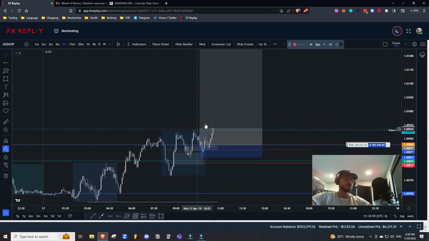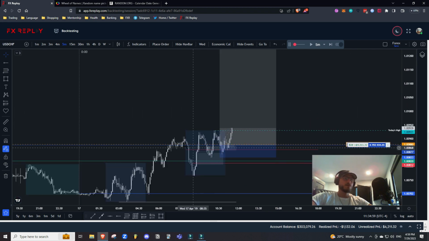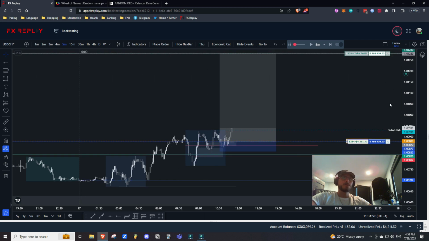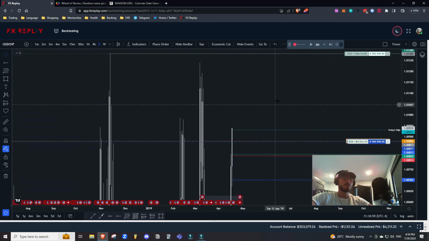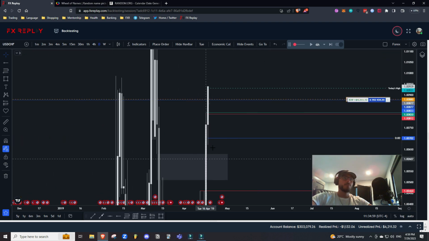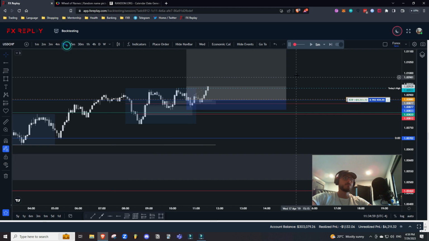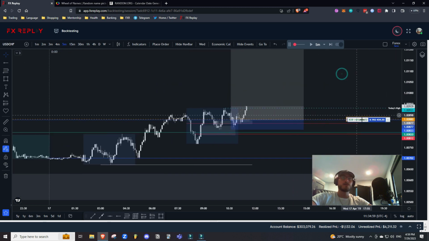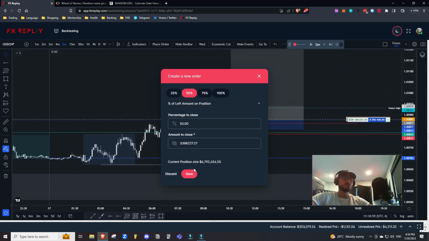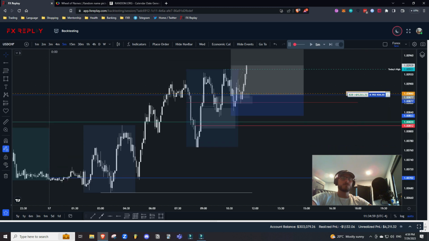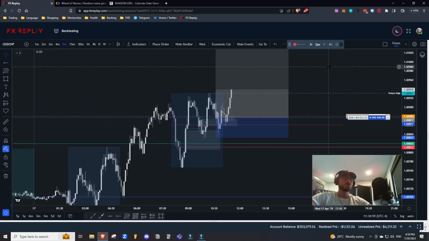So I'm just going to shed some off right here, because I am anticipating that it's going to get up there, but given the time of the day and the consolidation, and because it might be a fair value gap to be tackled tomorrow, I'm going to leave the rest on, but definitely take off 50%.